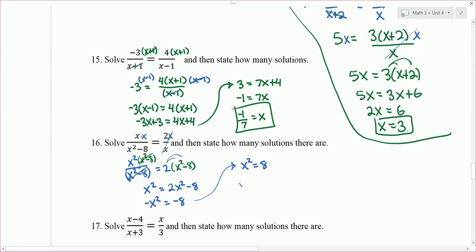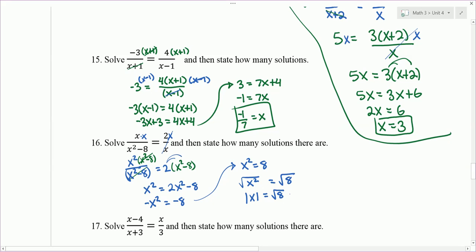I'm going to take the square root of both sides. The square root of x squared is the absolute value of x, because x could be positive or negative. And so whenever you have the absolute value equal to a number, you split it up into two cases.